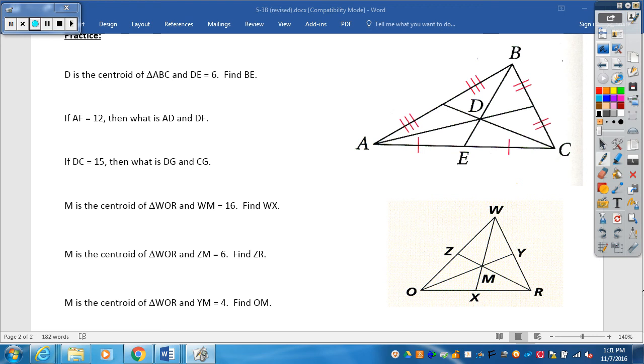Remember when we watched the video a little bit ago that this segment right here, if I double it from the centroid to this point over here, that'll give me BD. So BD, I know, is going to be 12. And so as a result, I know that BE is going to be a total length of 18. 12 plus 6 to give me 18.